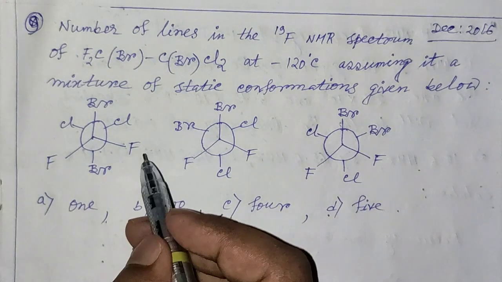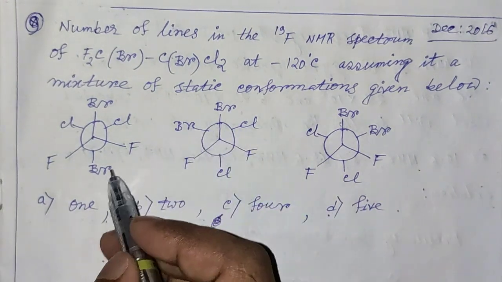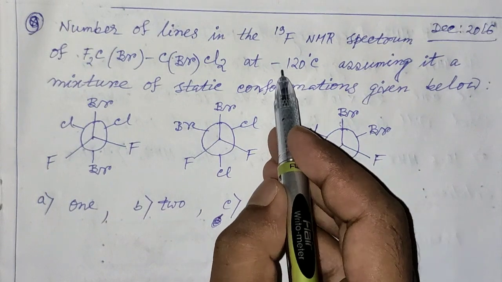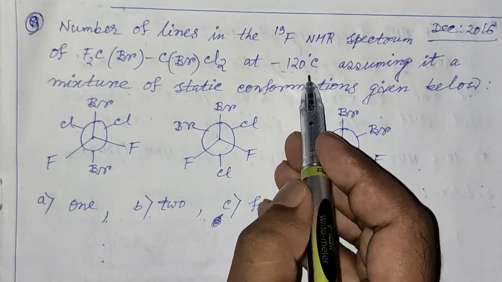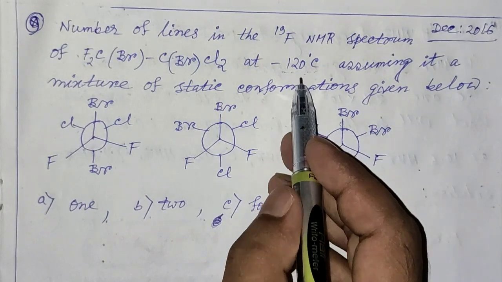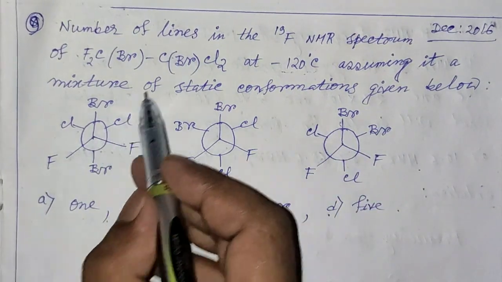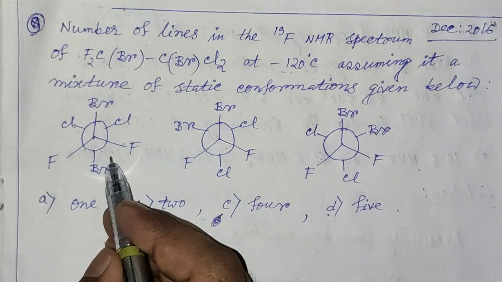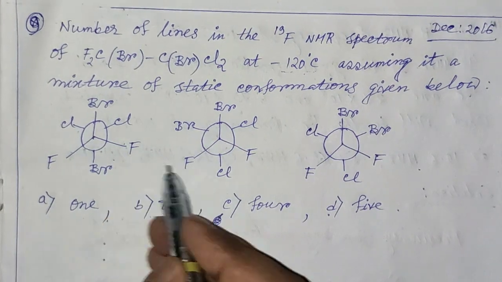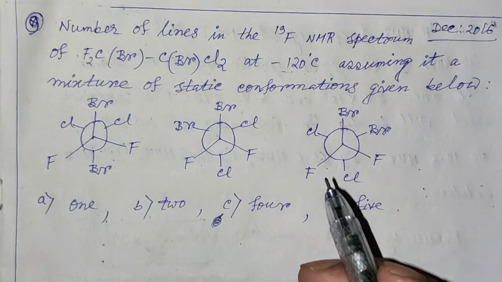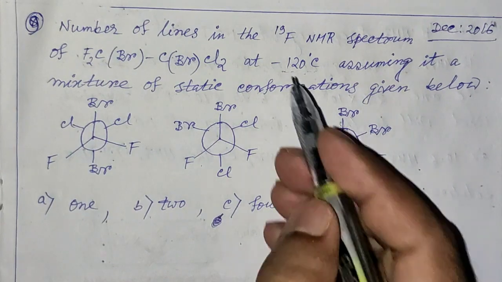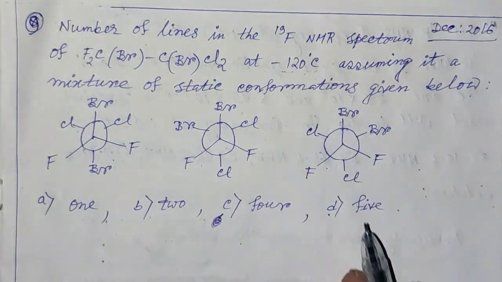That is, from the question we can see that a mixture is kept at minus 120 degrees centigrade temperature, that is very low temperature, and it contains this compound in 3 conformations like this and this one. We have to calculate the number of lines in the F19 NMR.